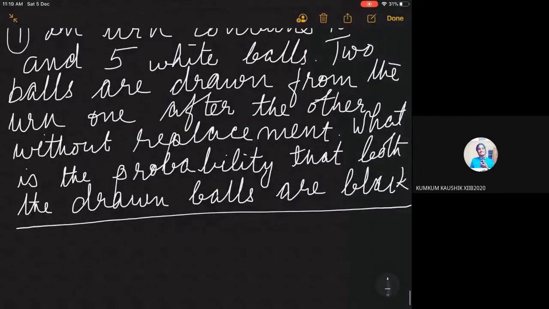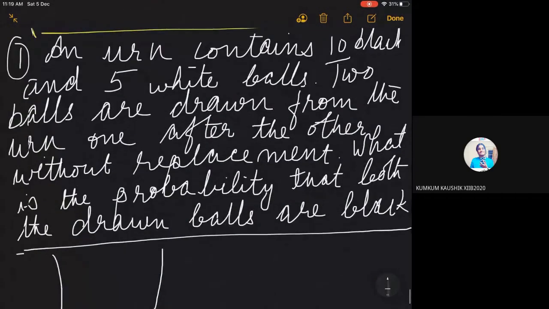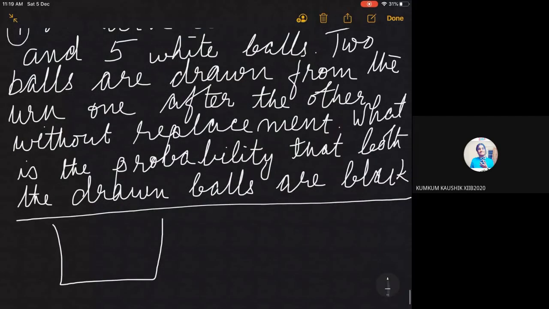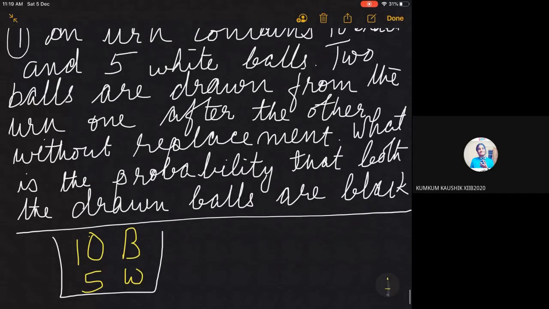So we can make a skeleton picture of this: 10 black and 5 white balls. Two balls are drawn from this. This is the picture which I can make out.